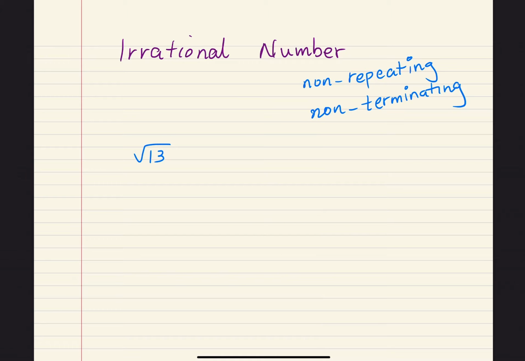When you do this on a calculator, you will get an endless number which doesn't follow a pattern. So we say that this is an irrational number. So basically, all the square roots which don't have a whole number answer, we call irrational numbers. For example, square root 26. You can say it is an irrational number. Other than square roots, one is pi and another one is e. So these are basically irrational numbers.